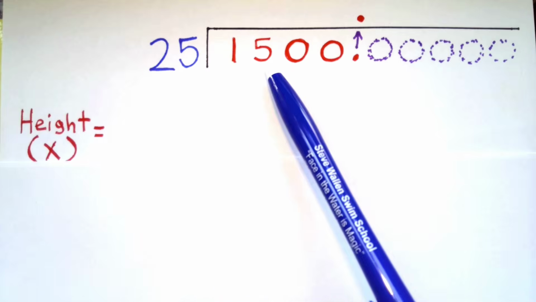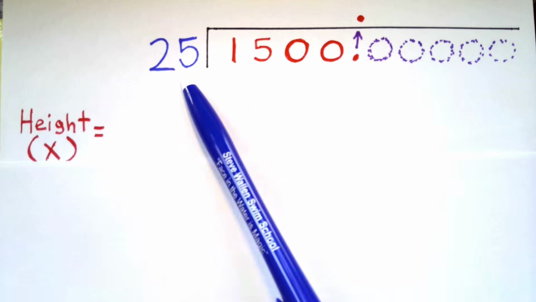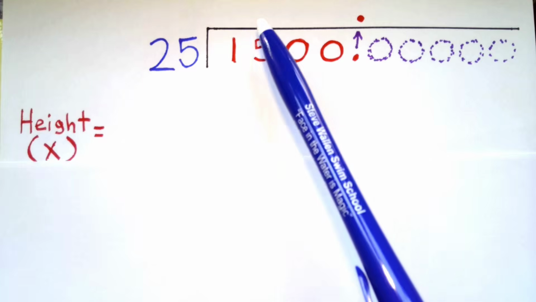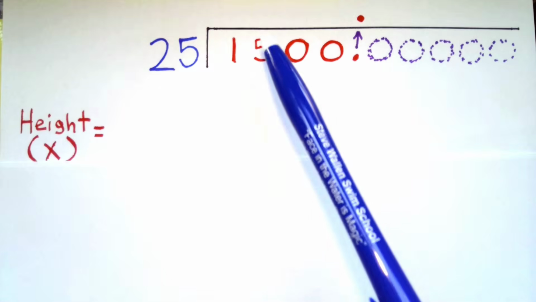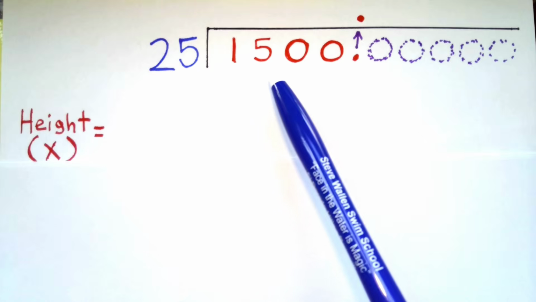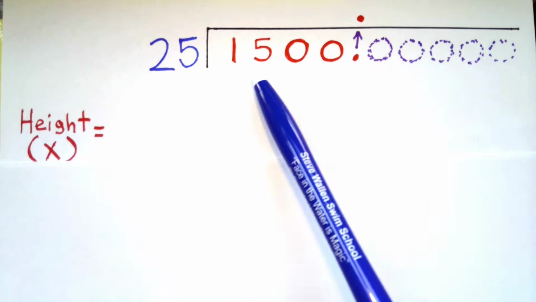Okay, so then I move over a digit, which is showing 15. 25 times what number above the 15 will give me 15? It's 0 again. There are no numbers that I can multiply 25 times in order to get 15.